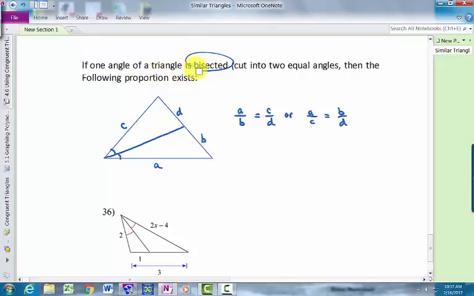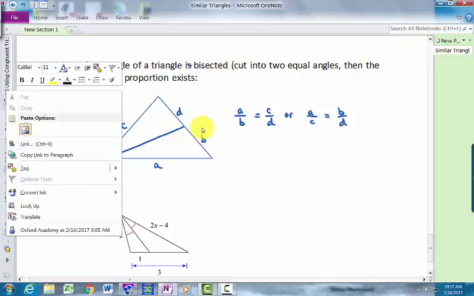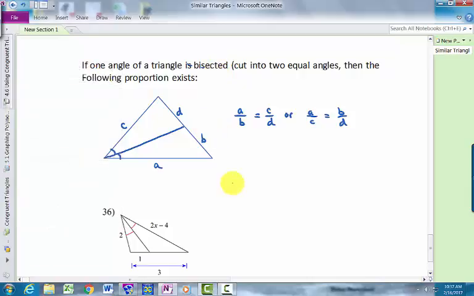If that happens, that we bisect an angle, it cuts the triangle proportionally. So what happens is, it cuts it such that this length right here, this A, divided by this length right here, B, so A over B, is equal to this length over here, C, divided by this length right here, D. So A over B equals C over D.